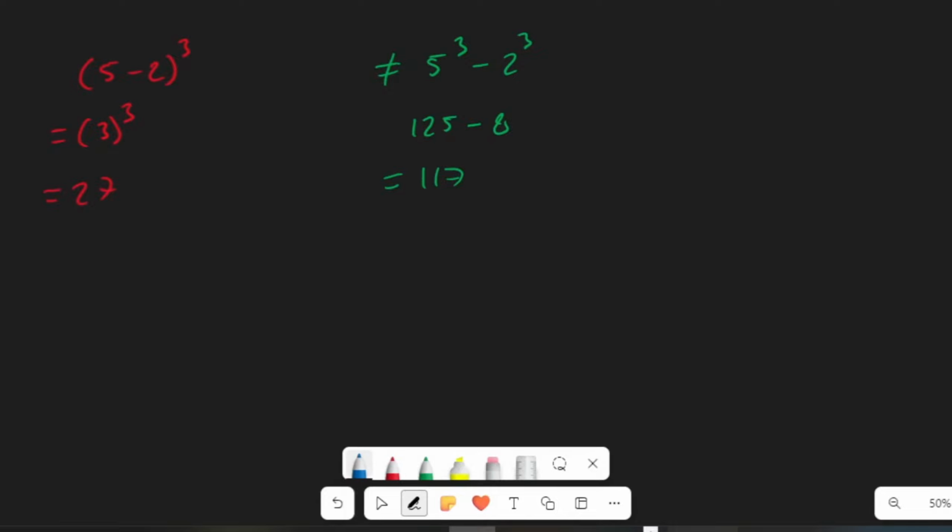As you can see, the numbers are drastically different. This is the correct way, and this is the incorrect way.